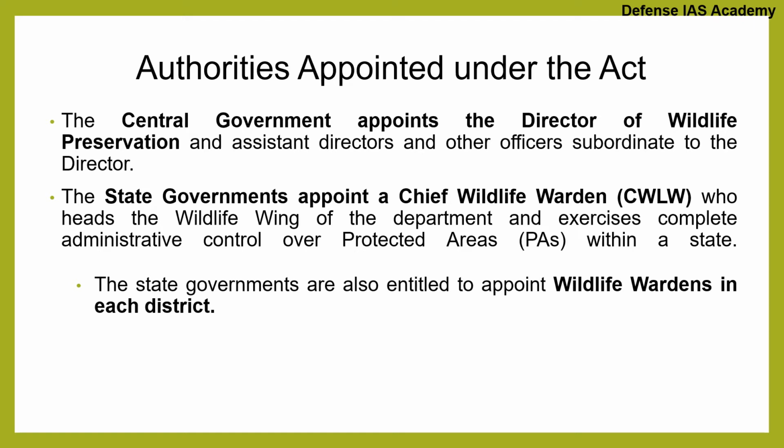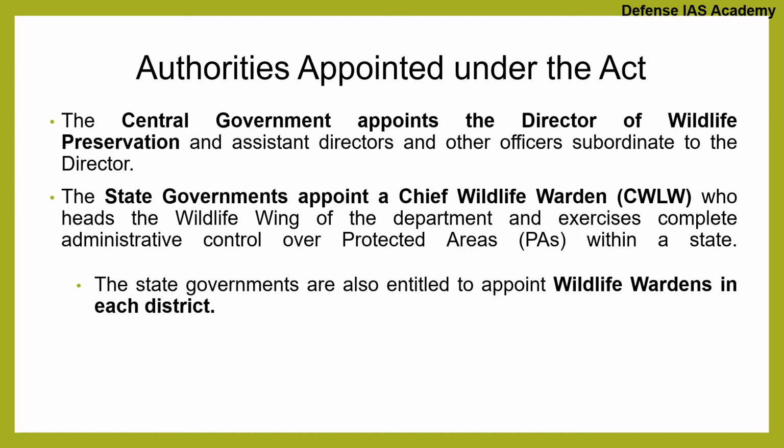The state government is also responsible for appointing wildlife wardens in each district that belongs to the state. So the central government and the state government equally play an important role in wildlife preservation.